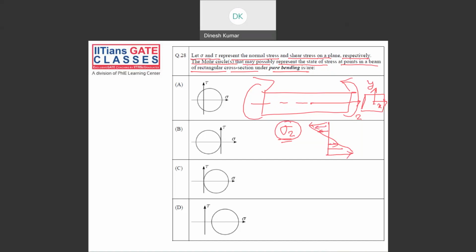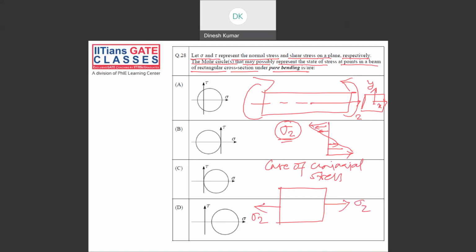So that means if you draw the Mohr circle, it is a case of uniaxial stress. If you draw your stress element, it will be like this. This is sigma z, and there is no other stress.